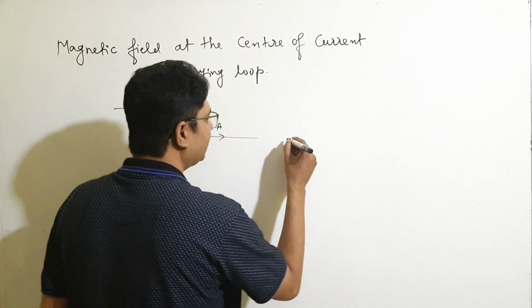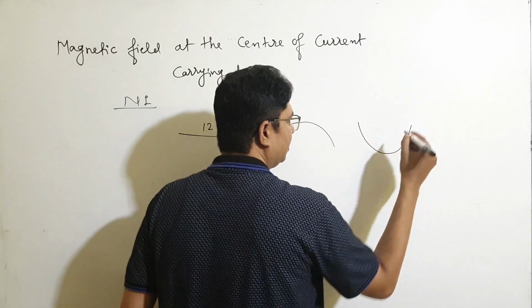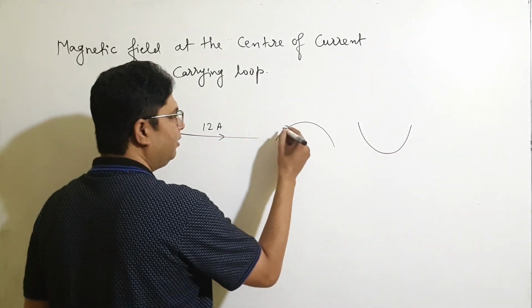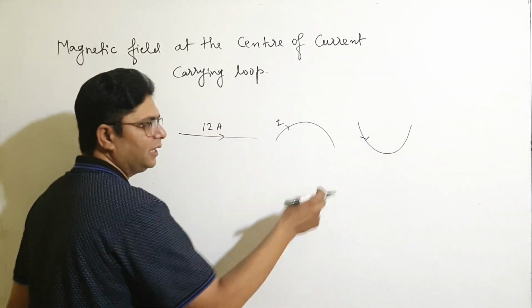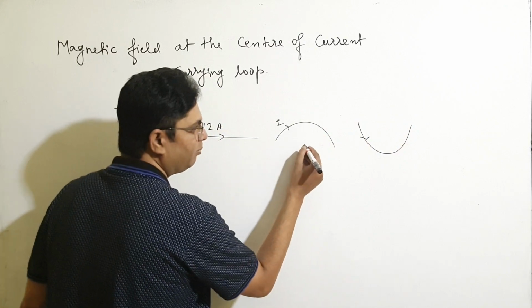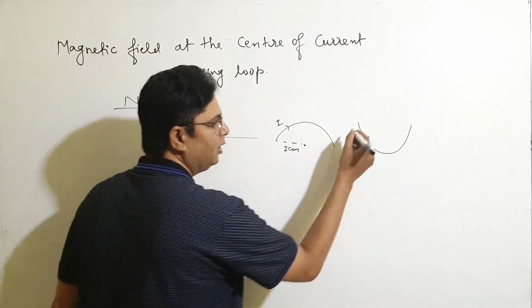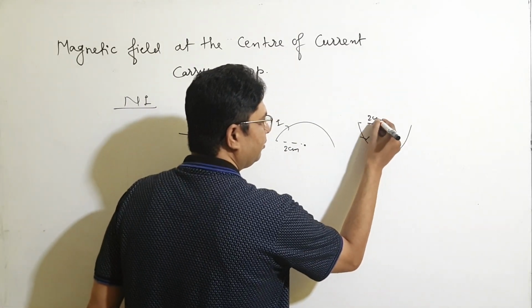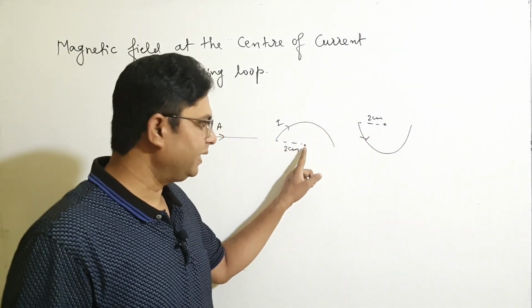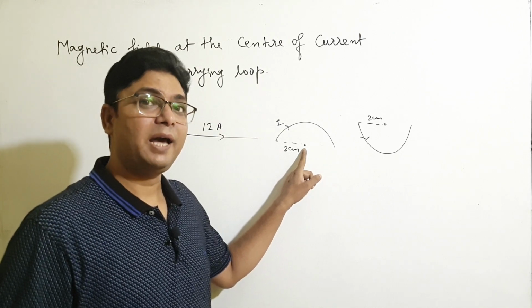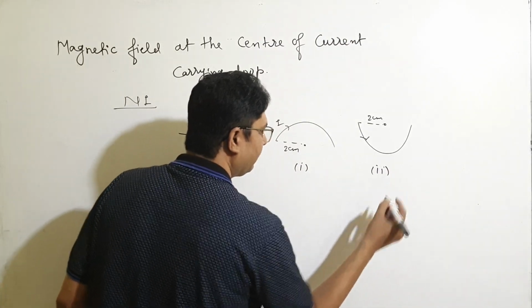When you bend it in a semicircle arc like this or like this, then current will move in this wire clockwise and in this wire anti-clockwise. So you have to find the magnetic field at this point, and let the radius be 2 centimeter. Radius is 2 centimeter in both the cases. Then in both the cases, what will be the magnetic field at the center, and what will be the direction of the magnetic field. Let this be figure number 1, this is figure number 2.